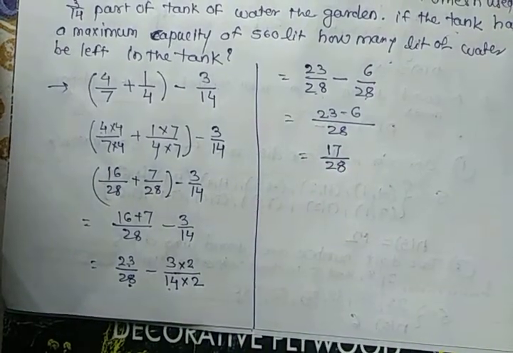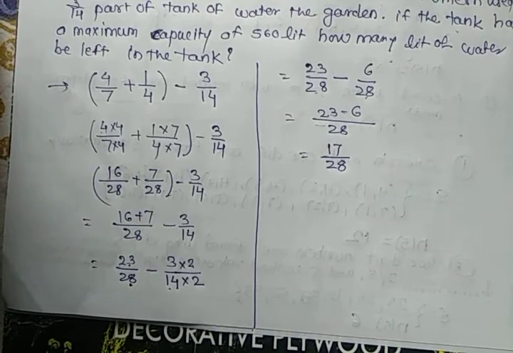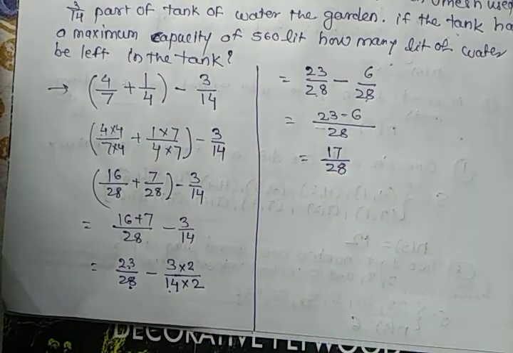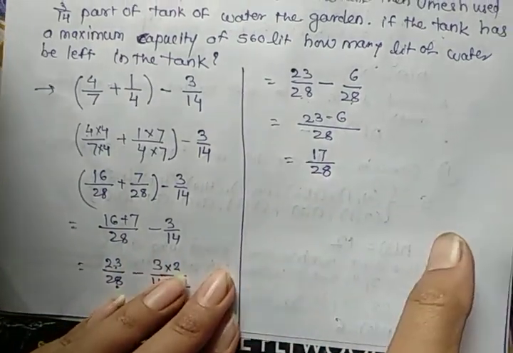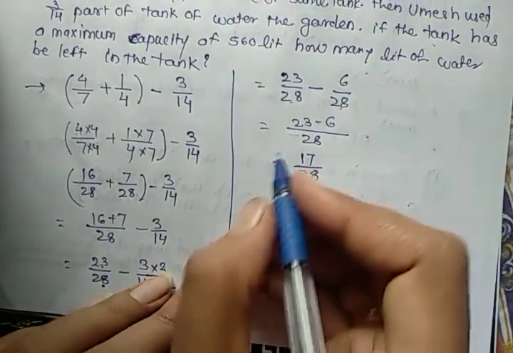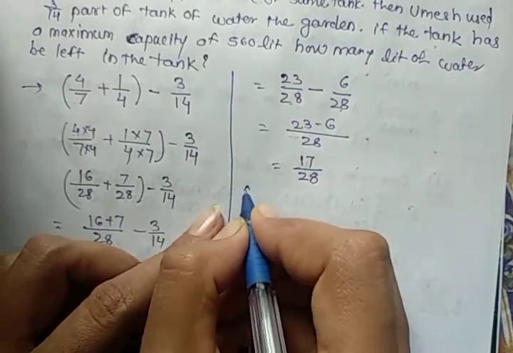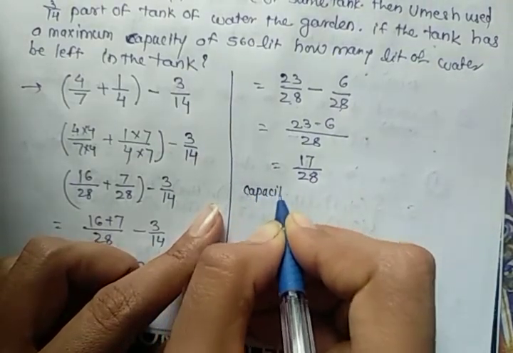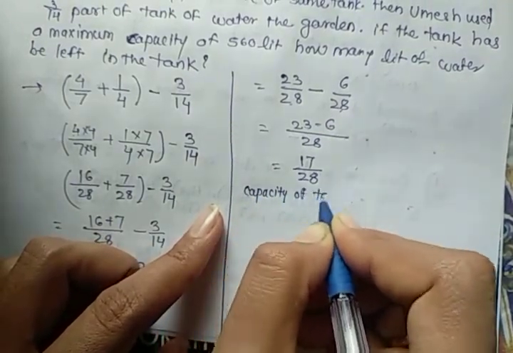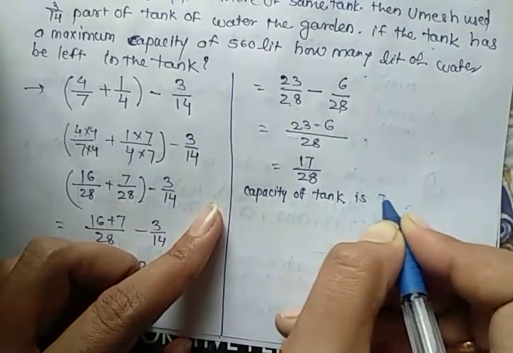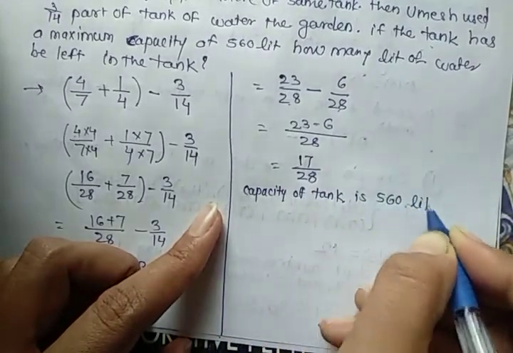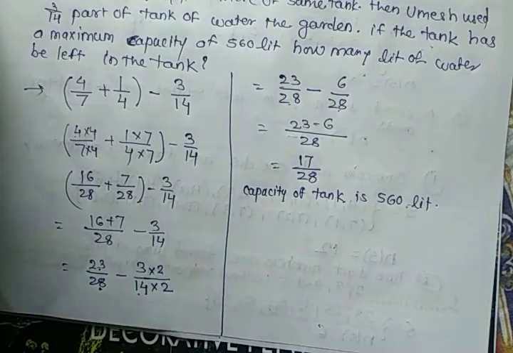So now in the water tank, there is 17 upon 28 part of water. But here the capacity of the tank is 560 liters. So 17 upon 28 part of 560, it means remaining water.